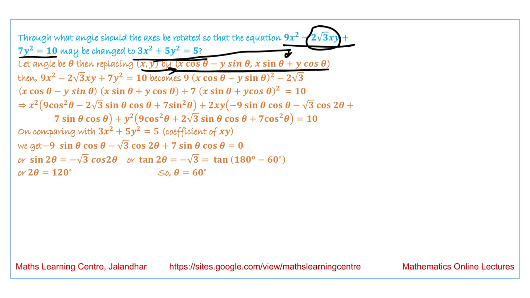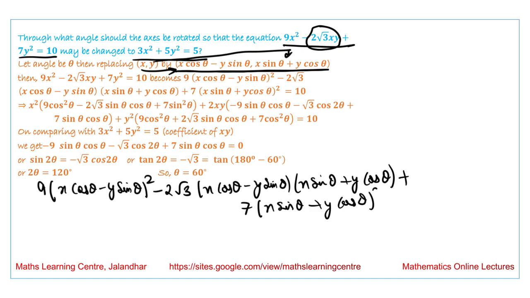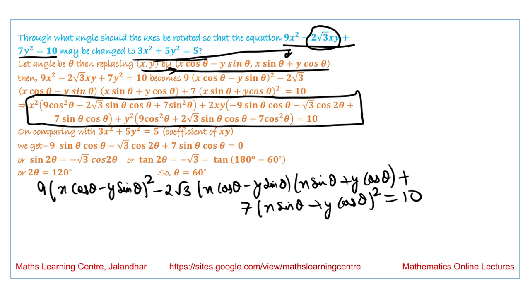Then this equation will become 9 into (x cos theta minus y sin theta) square, minus 2 root 3 into (x cos theta minus y sin theta) into (x sin theta plus y cos theta), plus 7 into (x sin theta plus y cos theta) square, that is equal to 10. When you open these whole squares, you will obtain the equation in this form.